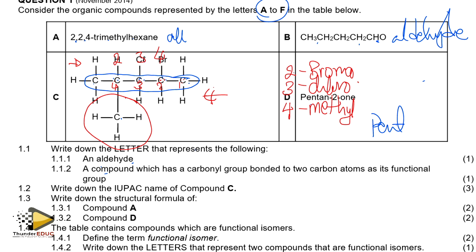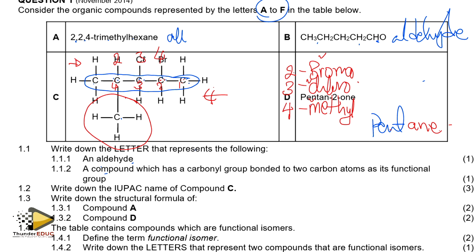Now, because this is a haloalkane, this one is going to become pentane. Now we have to identify which one goes first in alphabetical order. A, B, C. So B is first, C is second, M is the last.